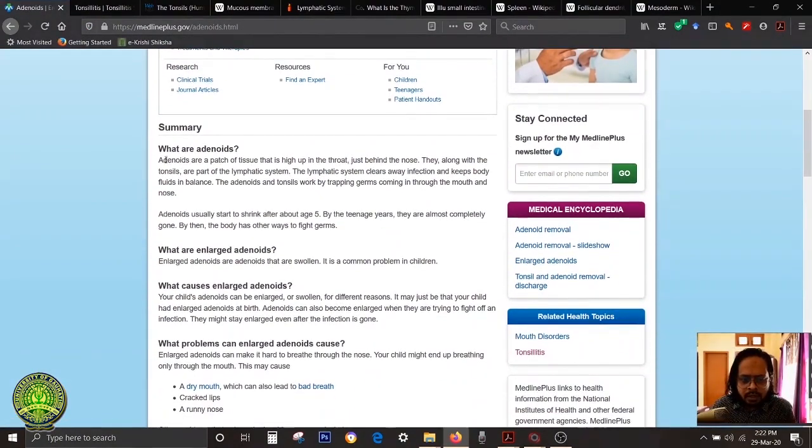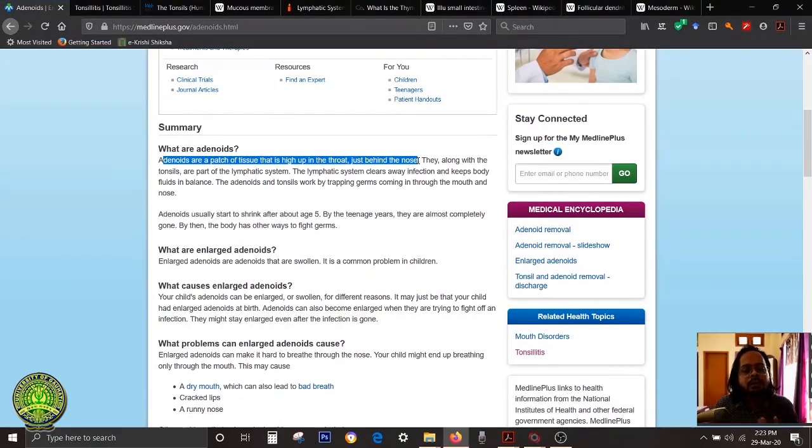What are adenoids? Adenoids are patches of tissue that are high up in the throat, just behind the nose. So if I'm talking about respiration right now, I don't want you to mug up the concepts. Try to visualize how the body is protecting you from foreign invasion. If I'm breathing, the air goes in, and then there are the adenoids. Where are the adenoids? Just behind the nose.